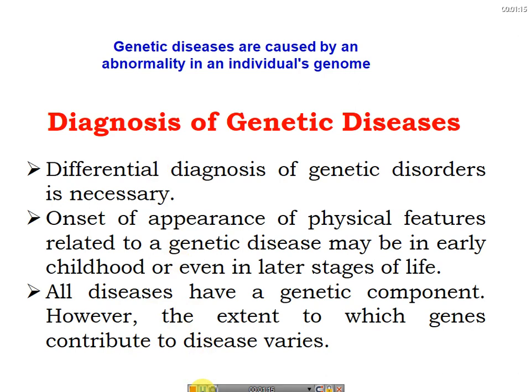We can see the onset of appearance of the physical features related to any genetic disease in the early stage of life or childhood of an individual, or even in later stages of life.